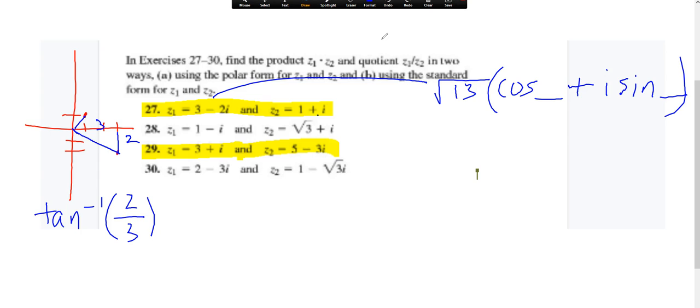Okay. So if we invert the tangent of 2 over 3, we end up with 33.7 degrees. That's this angle right here. Okay. But I don't want to put 33.7 in there. What do I want to put in there?